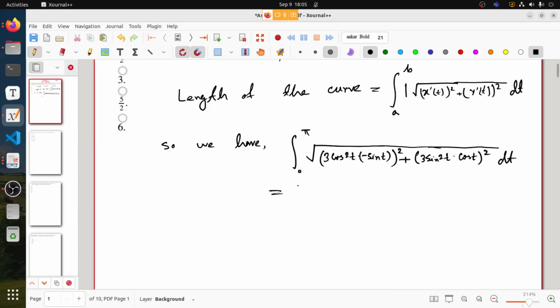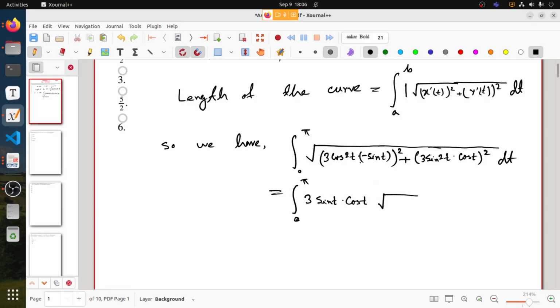First simplify this from 0 to pi. You can see that 3 is common, and sin and cos are also common. 3 square is 9, so 3 comes out of the root, and sin square cos square taken out gives sin t into cos t.